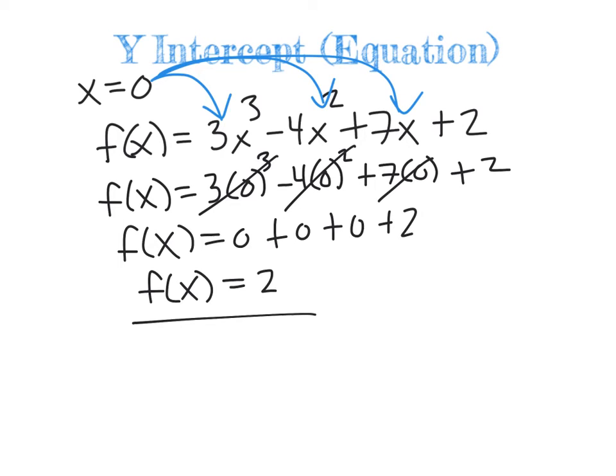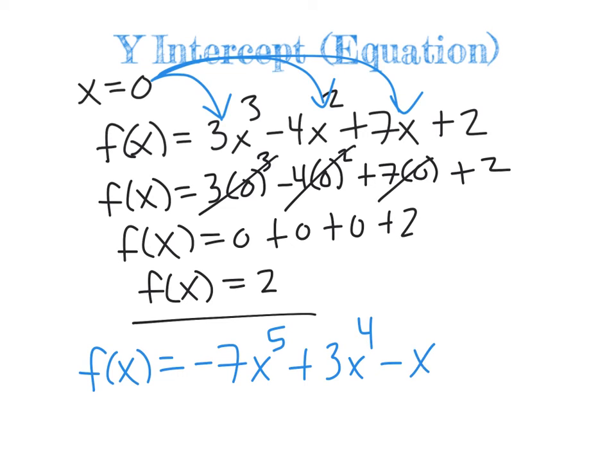So let's say we have another function. Let's say that the function looks like this. F of x equals negative 7x to the fifth plus 3x to the fourth minus x squared plus 10x minus 1.